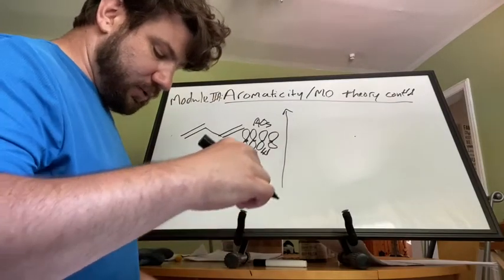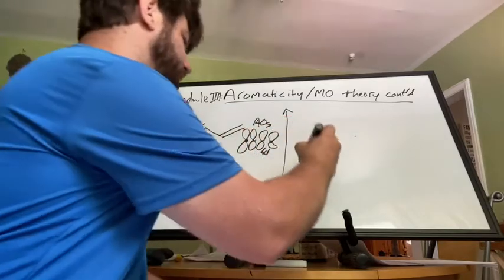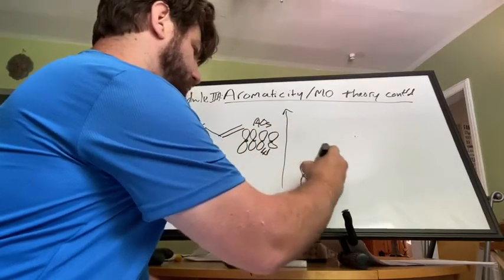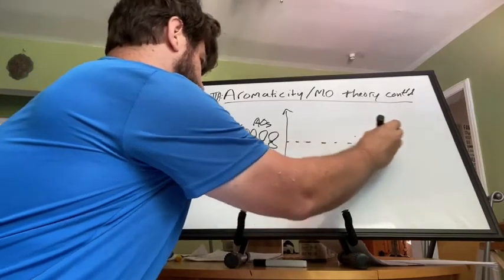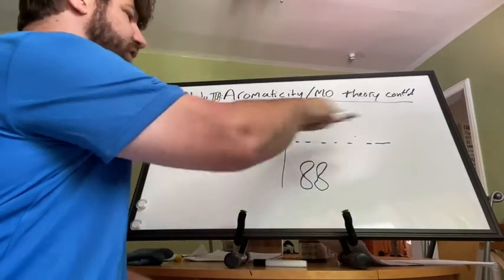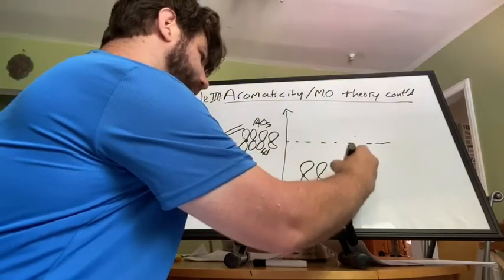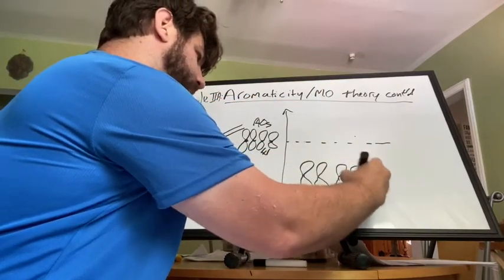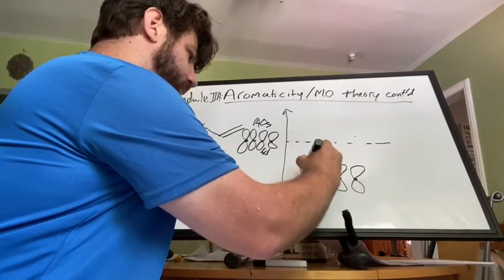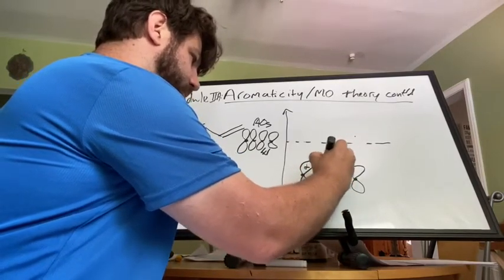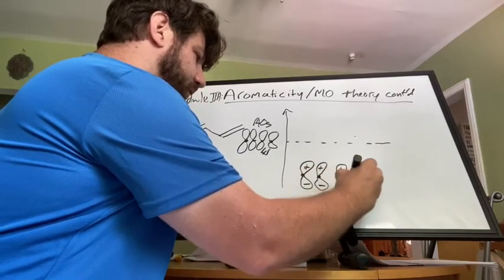And then you have 2 sets of bonding. So this is an energetic barrier between bonding and anti-bonding. Again, all in agreement here.